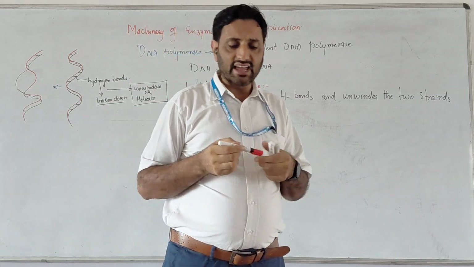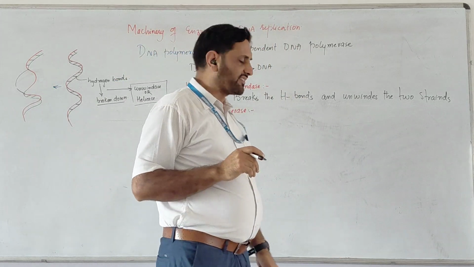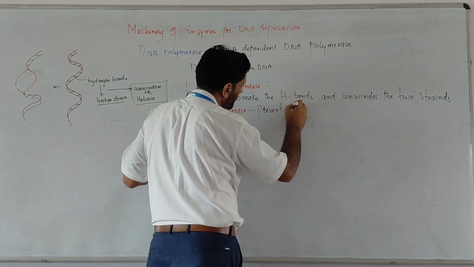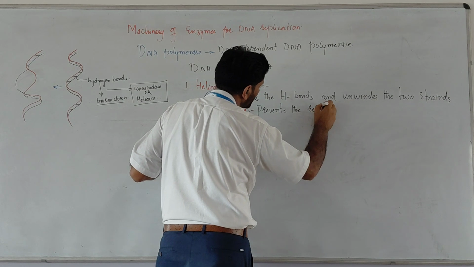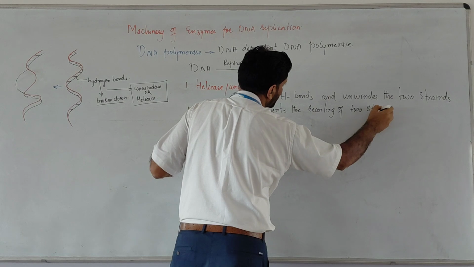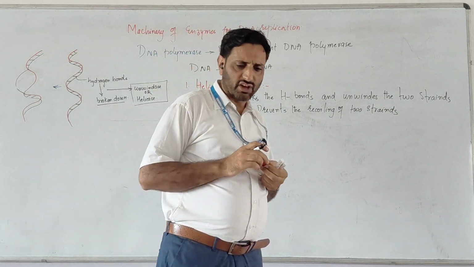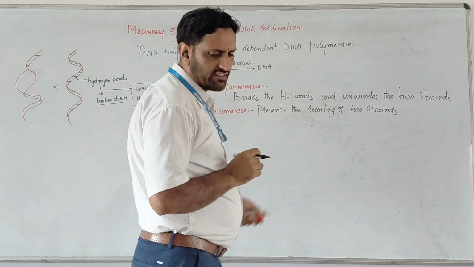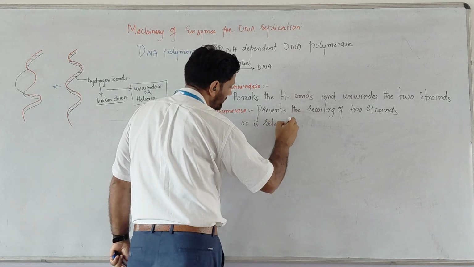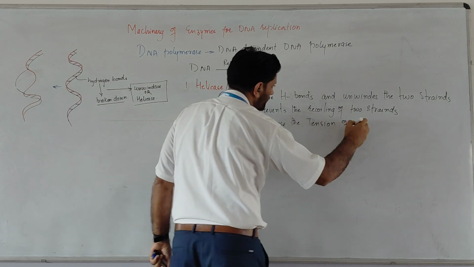Topoisomerase is the enzyme which prevents the recoiling of the two strands, or you can say it releases the tension of recoil.